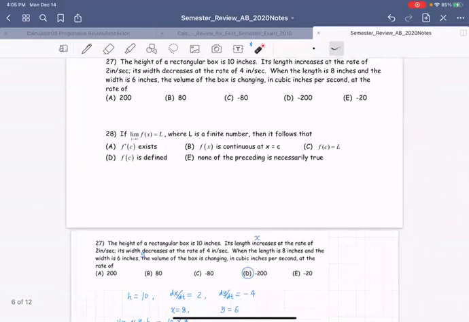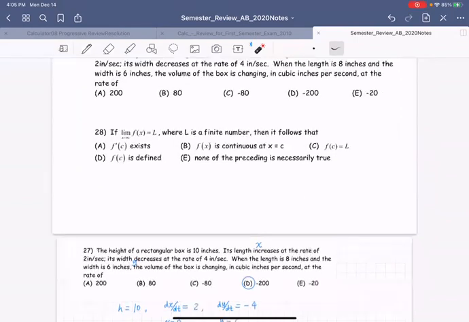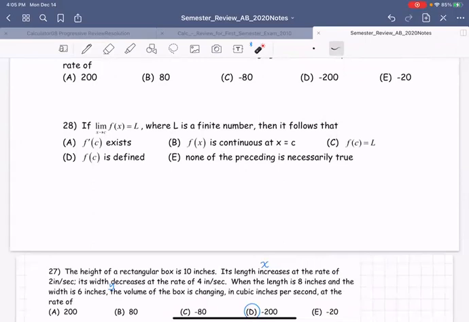27, 28. Let me put my glasses on. If this limit is L, and L is a finite number, then it follows that... So this is saying your limit at this location exists, but you didn't say that f(c) also equals L. So you cannot say that you are continuous.